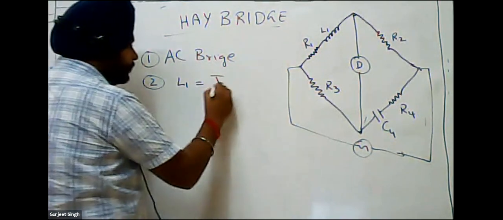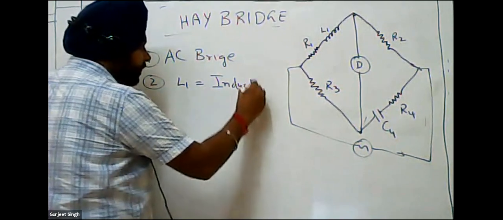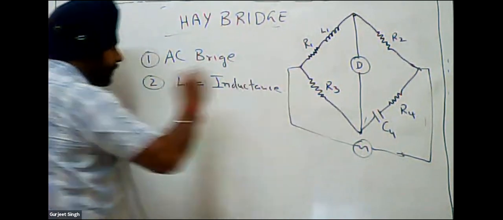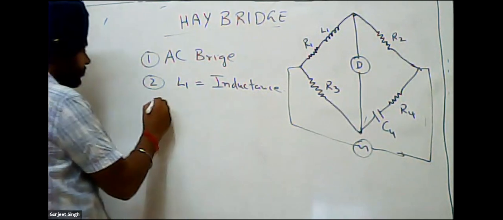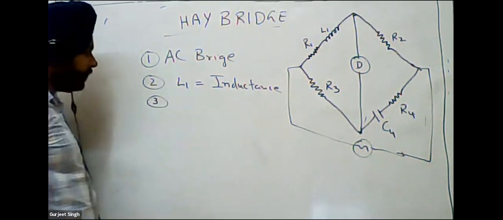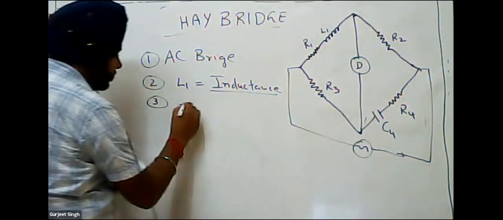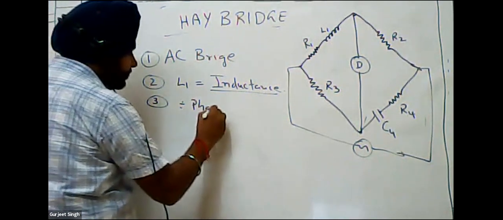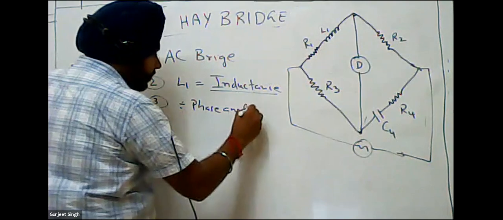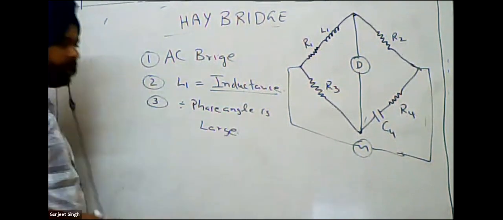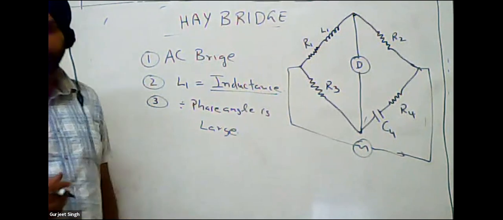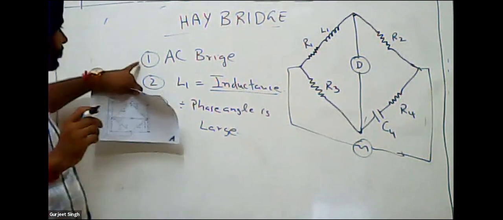Means it is used to measure the value of the inductance. Third point, we will measure the value of the inductance in which phase angle is large. Means the inductor which is having the larger phase angle. So this is the Hay bridge, it is the AC bridge.